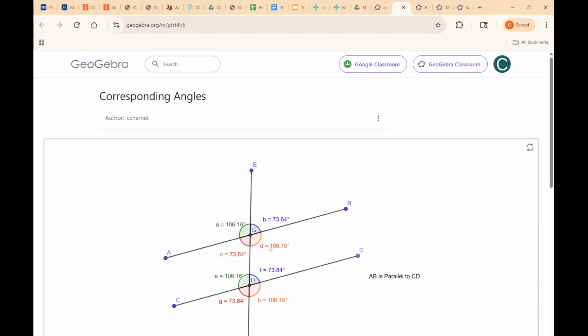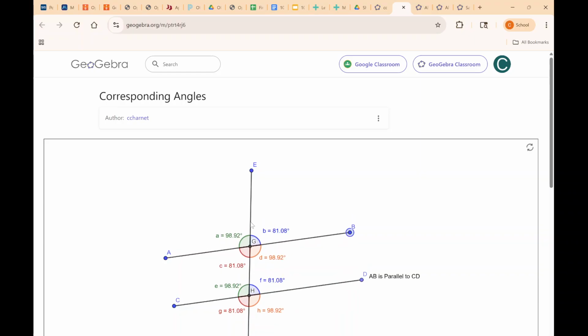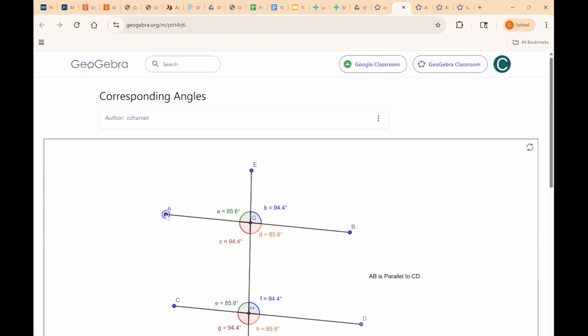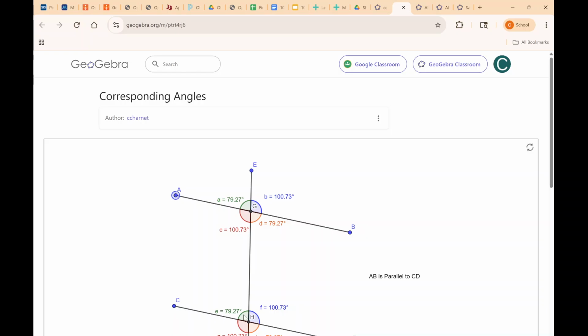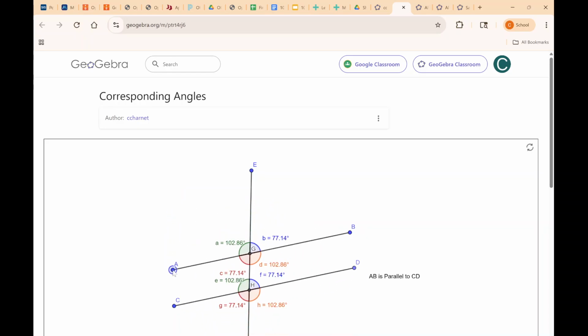The ones next to it here in the blue, those corresponding angles match up, and here in the red. So it looks like that works, and I could even change the angles around. Still, our corresponding angles are matching up, so I can test this a bunch of times.